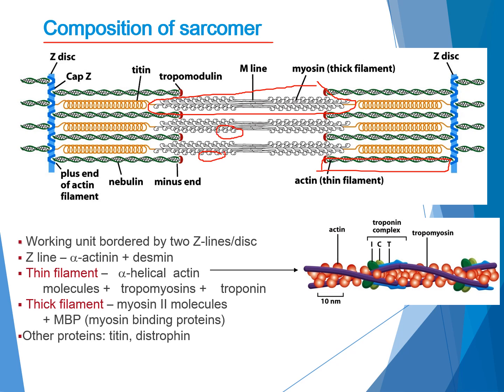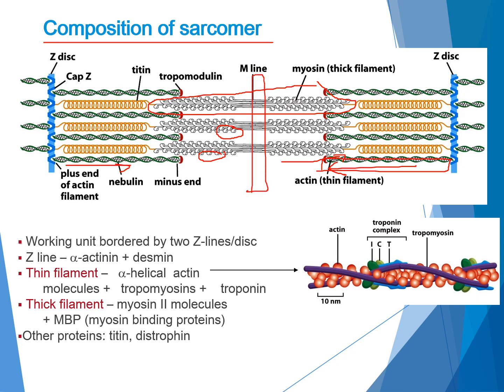So these will attach or glide on the thin filament, which will cause the sliding. Not this way, sorry. It's sliding of this area and this area towards the M line.